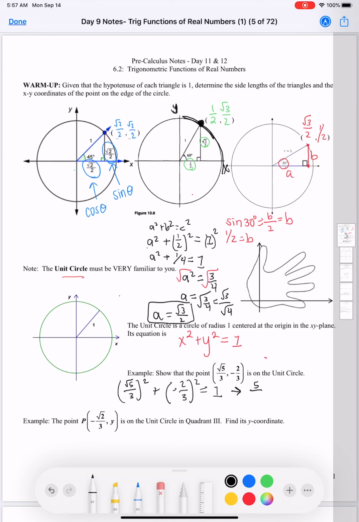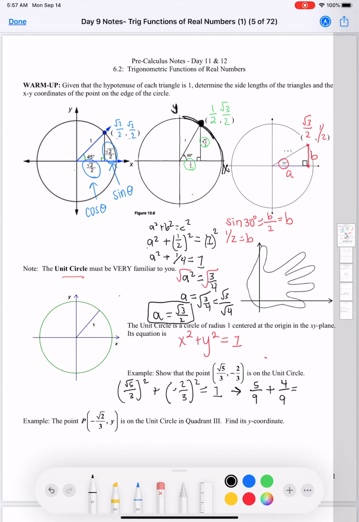If you remember when we were rationalizing before, whenever we multiply two square roots and they have the same number underneath, it just equals that number underneath. So we have 5 over, and then in the denominator, 3 times 3 would be 9. Plus, now the second fraction, negative 2 times negative 2 on top would be positive 4, and then 3 times 3 would be 9.